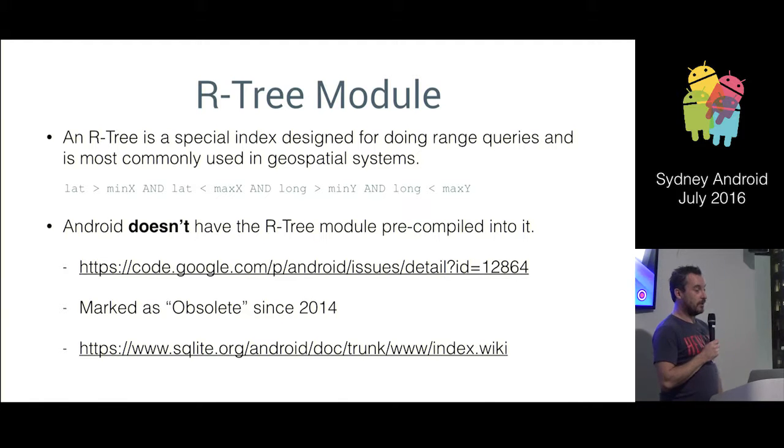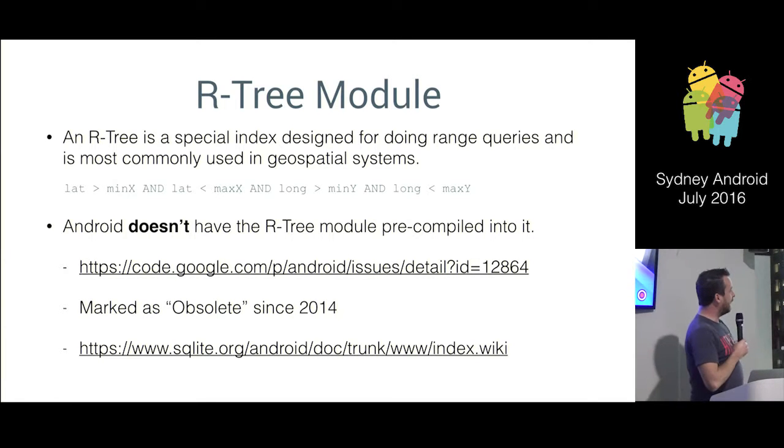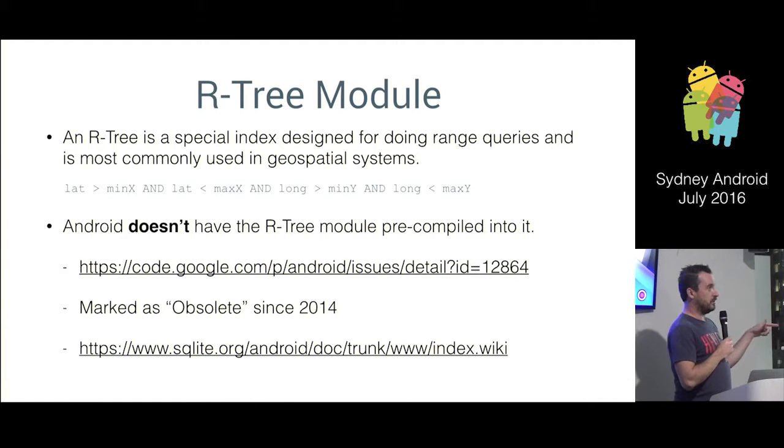So the SQLite people have obviously got a nice wiki here on how you can build your own version of SQLite, something that we all want to do. And then, in theory, you can build your own SQLite version, include this R-Tree module, and if you're doing heavy work in the geospatial space, this is the kind of thing you might want to do if you want to see huge performance improvements on large numbers of latitude longitude queries.